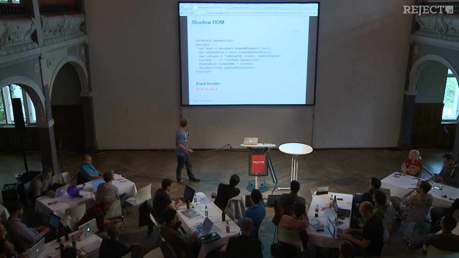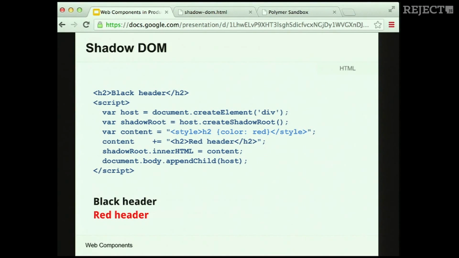And the styling I defined here applies only inside this shadow root element. Every content is a subtree, a DOM subtree, and it's only inside there. And that's the style boundary we get.